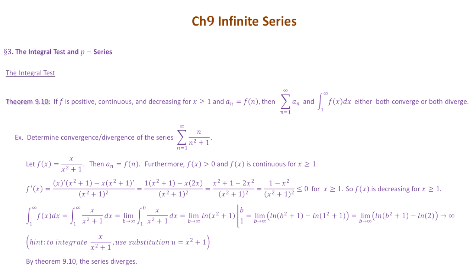There are two steps for these types of improper integral. So if you integrate x over x squared plus 1, you need to use the substitution of u equal to x squared plus 1, and then you can easily get the result to be natural log of x squared plus 1. All right?